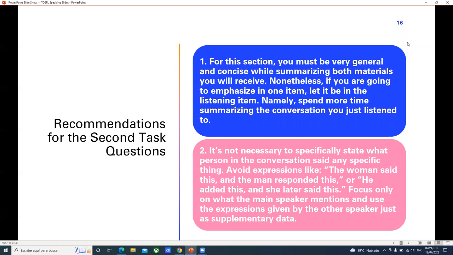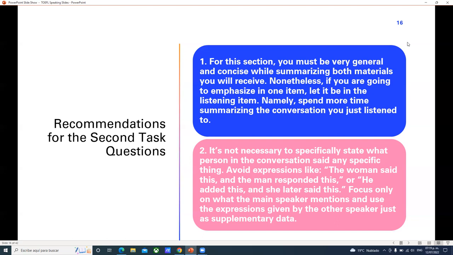Why? Because it's super easy to just say exactly the same thing the reading passage says, right? You could actually read it and that's it. Nevertheless, if you pay more attention to the listening item, the reviewer that is going to listen to your audio and score your response is going to say, this student is able, first of all, to understand and later to synthesize all the information that he listened to and not only what he read.